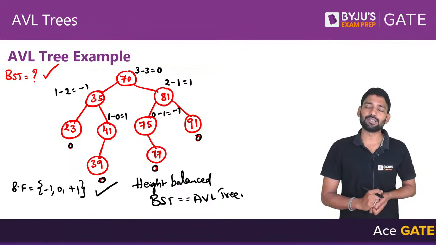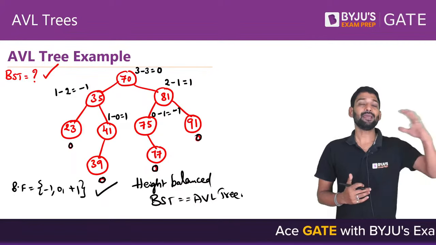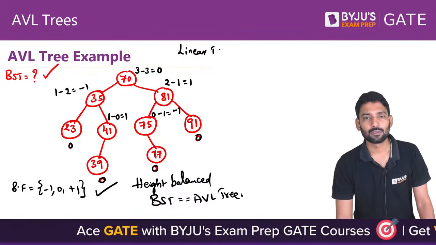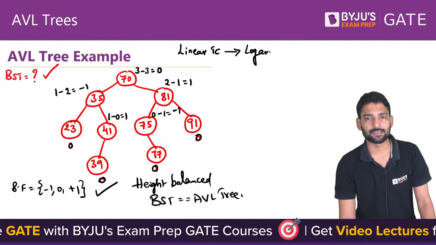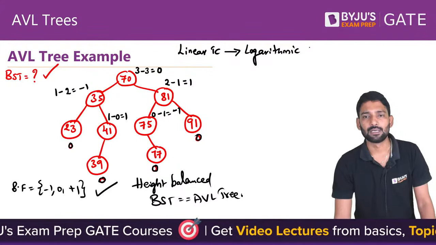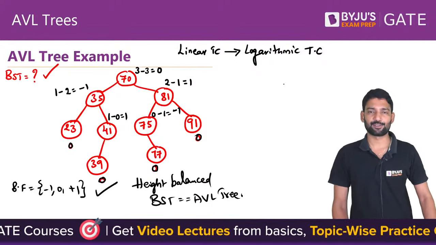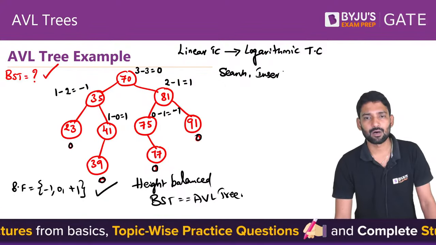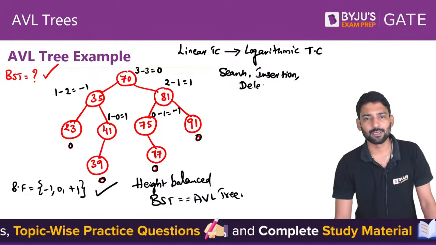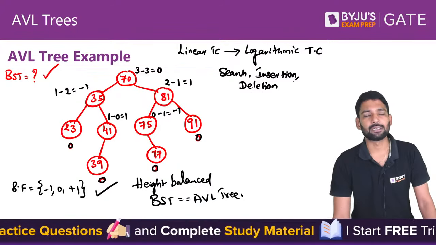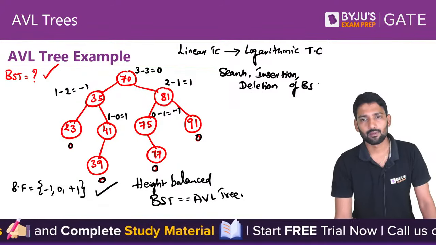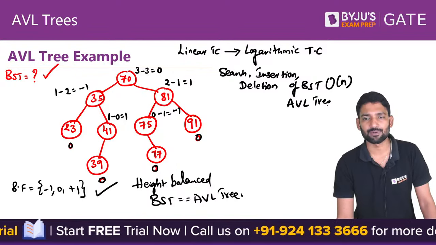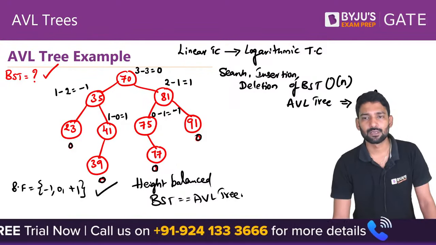The advantage of this balancing is to bring the time complexity from linear time to logarithmic time, for search, insertion, and deletion operations. In a BST, in the worst case, these operations take big O of n time, but when you balance it and make it an AVL tree, the time complexity becomes log n.